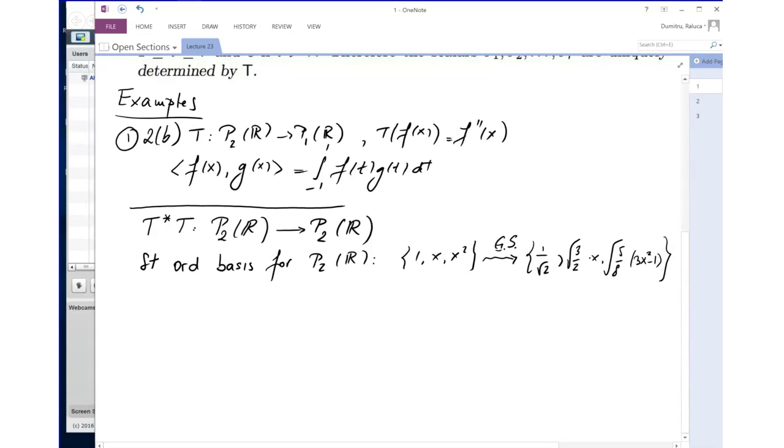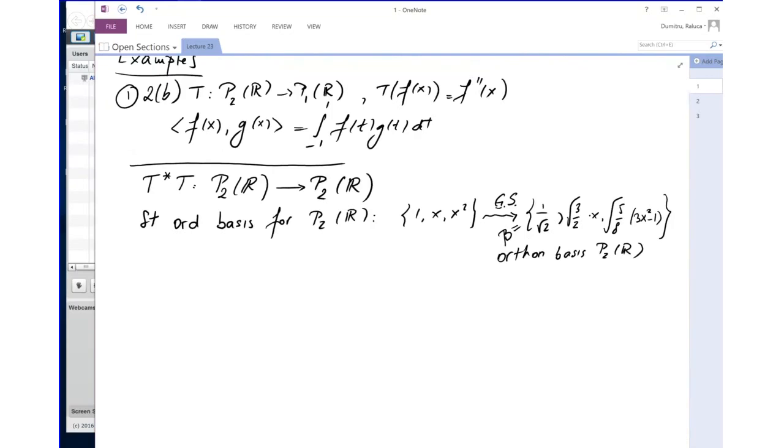The square root of 5 over 8 times 3x squared minus 1 is the last one. Let's call this basis beta. So this is an orthonormal basis for P sub 2. I'm skipping this step. Again, on the exam, you will be given the orthonormal basis directly.